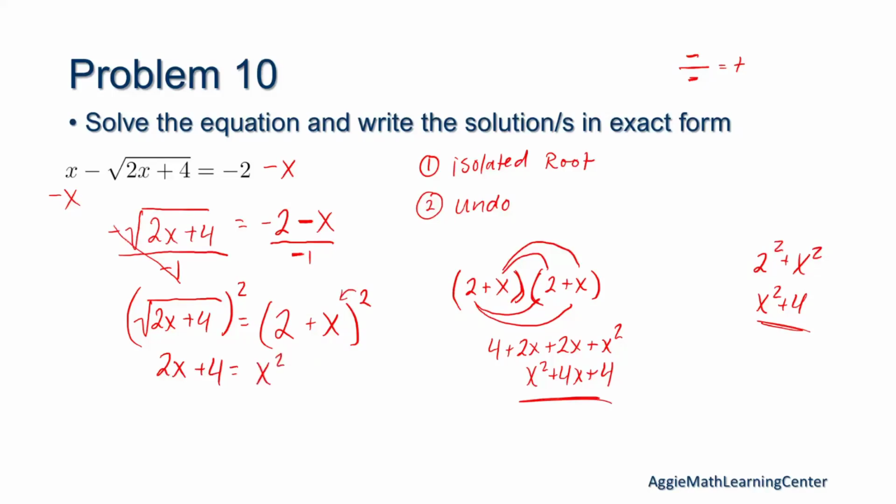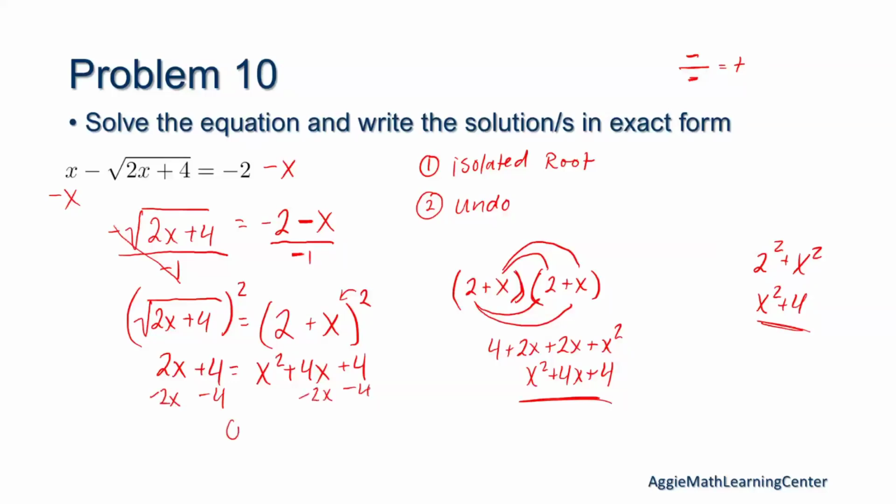Okay, we've got x squared plus 4x plus 4. We've got this mix of x squareds and x's to the first power. That means we're going to be using the zero product rule. So we'll bring this 4 over, and we'll bring this 2x over.